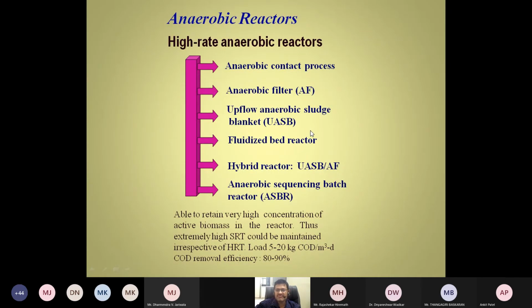This is the chemical formula of bacteria. So bacteria is also organic matter, and whatever sludge is generated is organic matter. It is food for anaerobic bacteria. It will be used by the anaerobic bacteria as food, and it will be converted into methane and carbon dioxide.